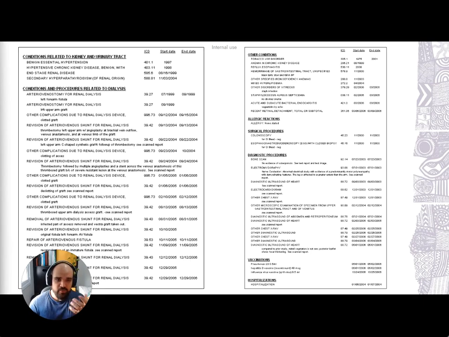And one of the main features was this thorough problem list, which had all the conditions of the patient, including a section directed specifically to problems related to kidney and urinary tract.